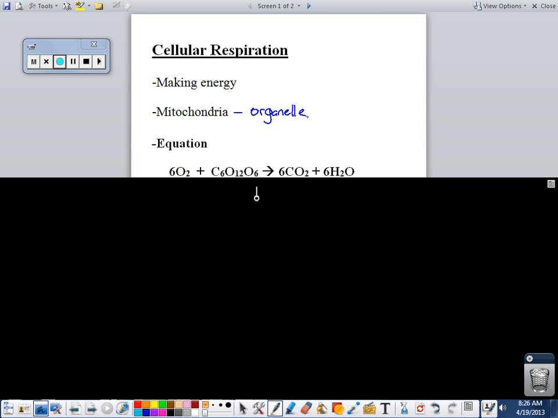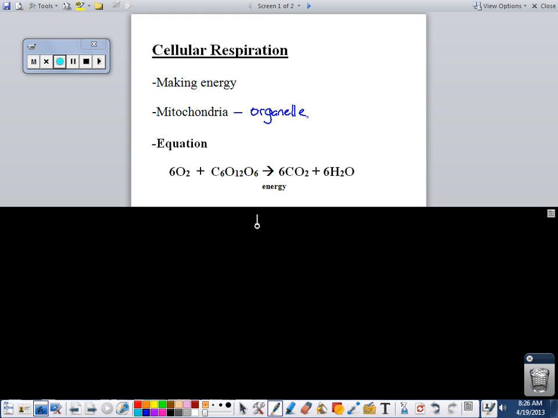And continue here. The equation for cellular respiration is C6H12O6 plus 6O2 yields 6CO2 plus 6H2O, and we get energy from that. If you look at this, it is the opposite of photosynthesis, which kind of makes sense.